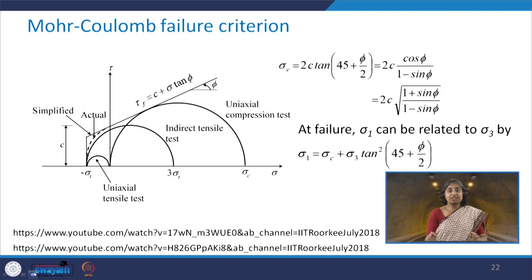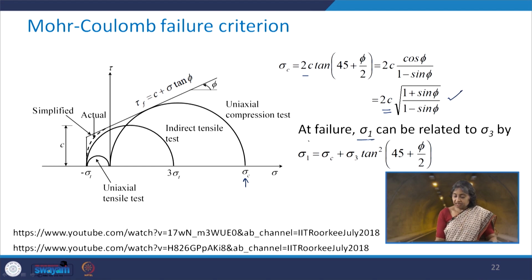So, how do we represent it with reference to the mathematical expression? You can see that here this sigma c is there. That can be represented as 2c tan of (45 plus phi by 2), or you can also write sigma c as 2c times the square root of (1 plus sin phi) upon (1 minus sin phi).